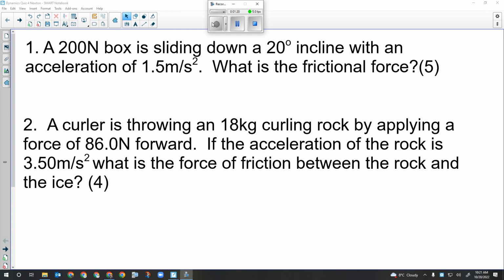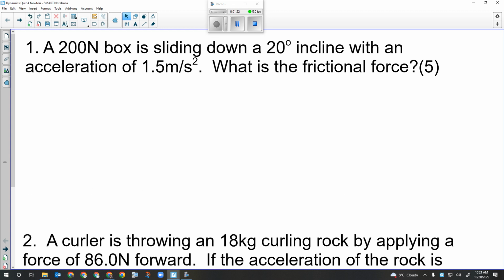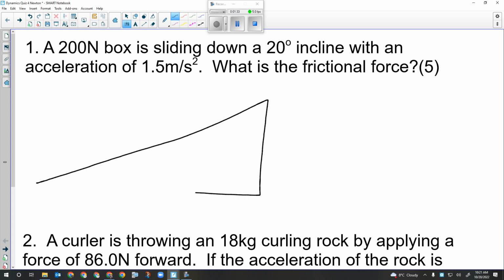So for question number 1, we have a 200 Newton box sliding down the 20-degree incline. Here's our incline. When they tell me the box is 200 newtons, which force did they tell me? They told me the force of gravity, right? So I'm going to have force of gravity here, and I know that it's 200 newtons.